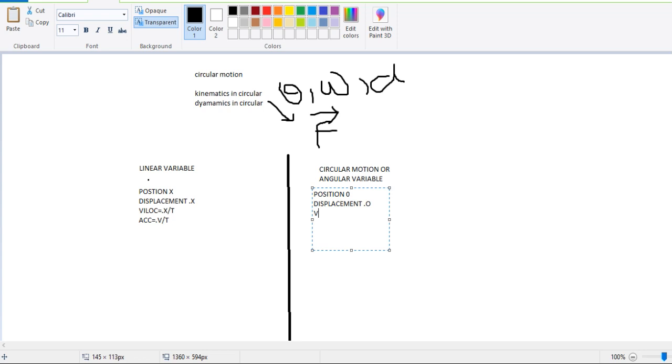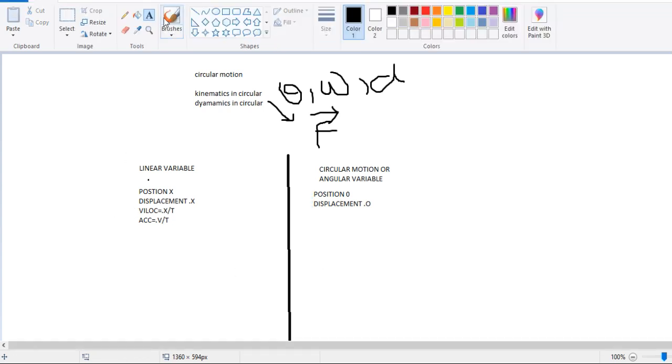Let me deal with it with the help of a marker. Displacement is something like this, theta. It's not perfect. Velocity is represented by omega, and omega equals change in theta divided by t.